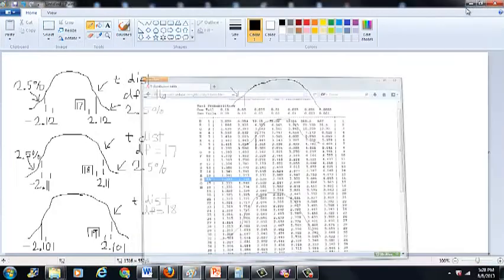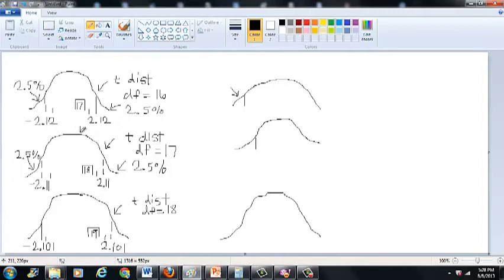So it would be 1.746 and negative 1.746. Those are the one-tailed critical values for a left-tailed test or a right-tailed test.